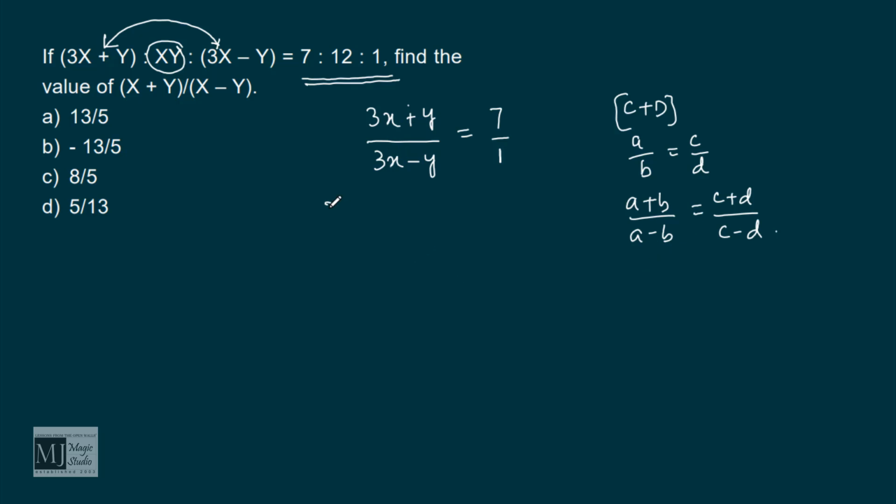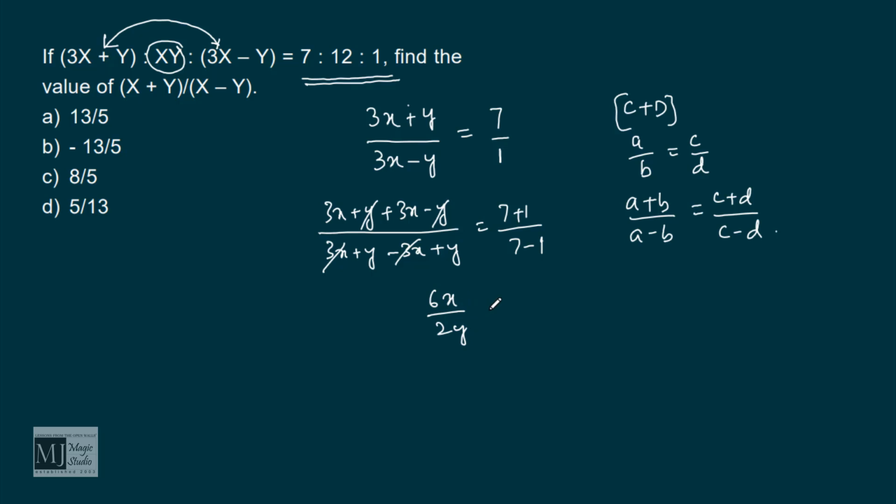So (3x plus y plus 3x minus y) upon (3x plus y minus 3x plus y) is (7 plus 1) upon (7 minus 1). Y cancels out from here. So we have 6x upon 2y equals 8 by 6. 2, 3 gone, 4, and this would be 3. Therefore, x upon y is 4 by 9.